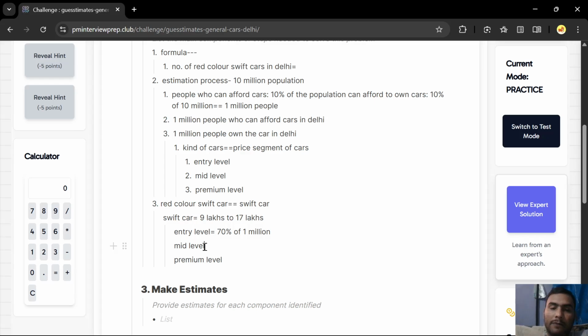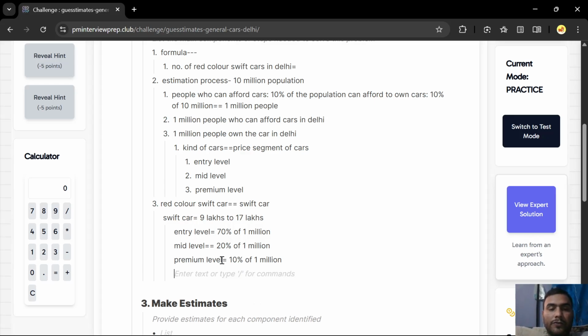And mid level, I am assuming 20% of the 1 million. And premium, I am assuming 10% of the 1 million.